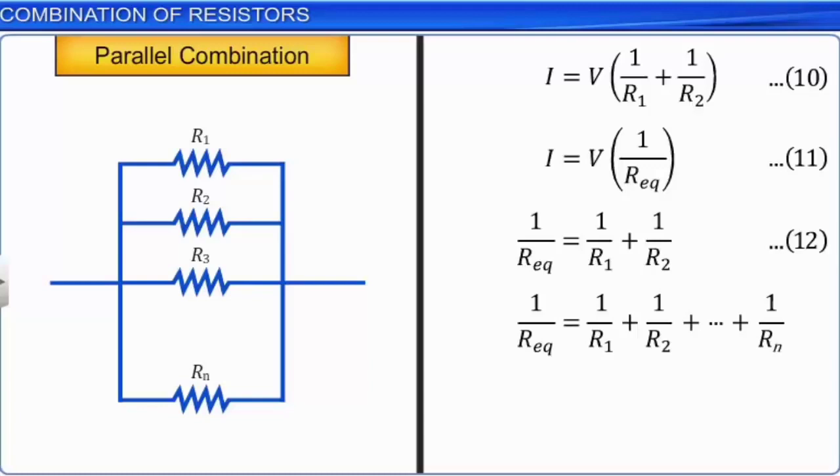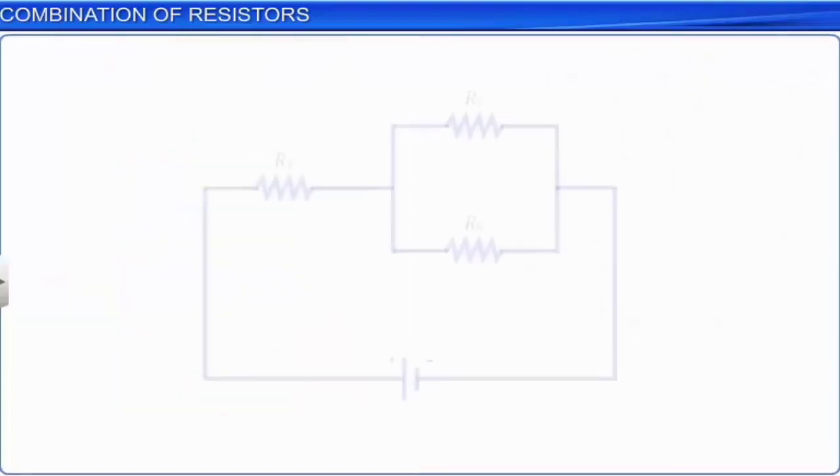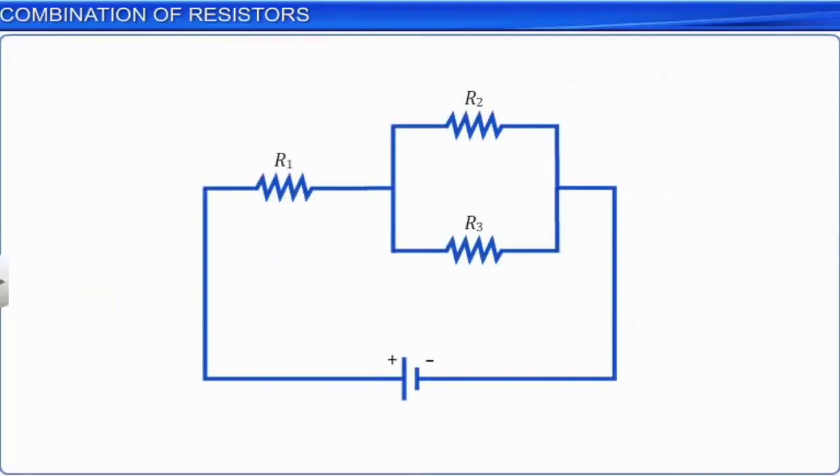Now let us consider a situation where some resistors are connected in series and some resistors are connected in parallel. The equivalent resistance of such a series and parallel combination is obtained as follows.